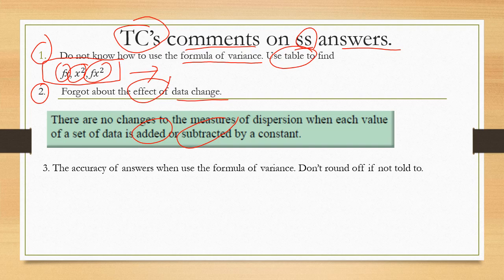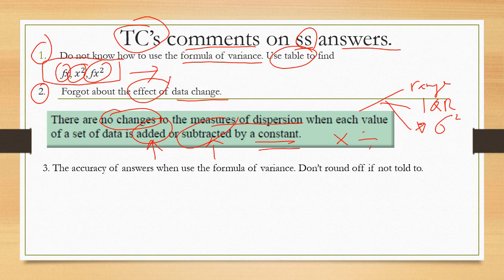You have to know that there is no change on the measures of dispersion, especially the range, the IQR, and the variance, of a set of data added or subtracted by a constant. But when you times or divide, it will change.